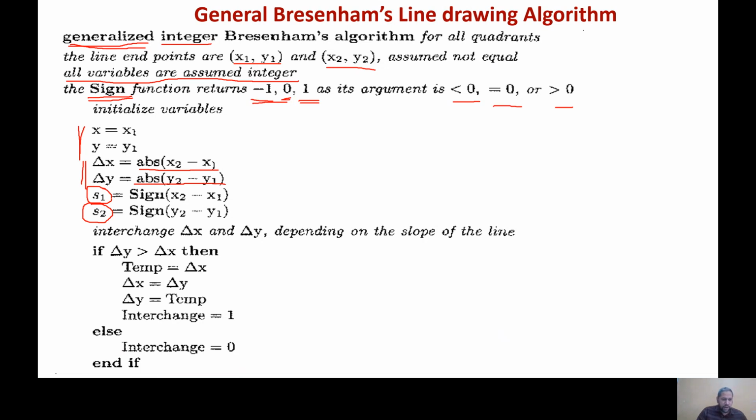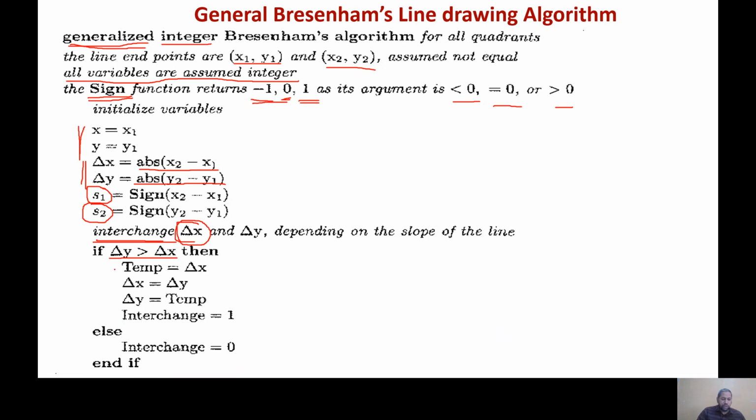Now after this, the interchange variable is very important. Why is this interchange variable used? Because we are always assuming that the value of delta x is greater, which I am using for my for loop or while loop. But if the value of delta y is greater, I am checking the condition: if delta y is greater than delta x, I am going to interchange the values of delta x and delta y.